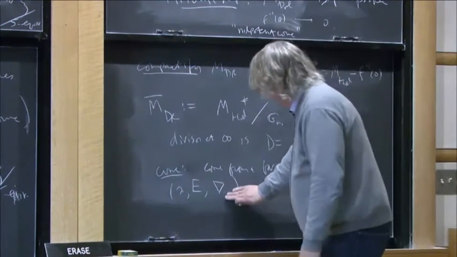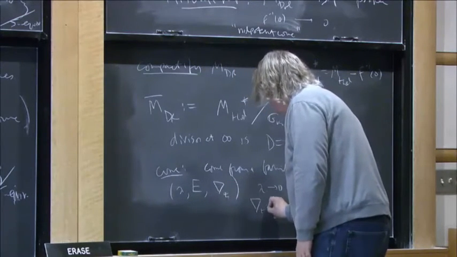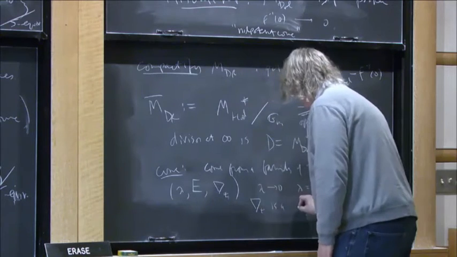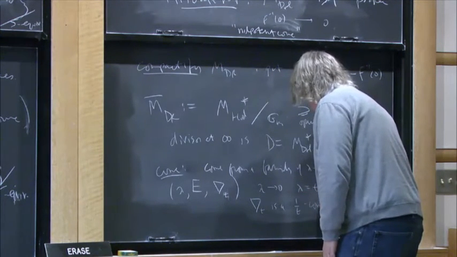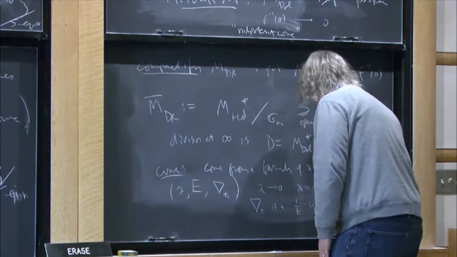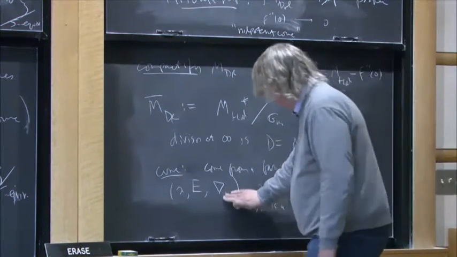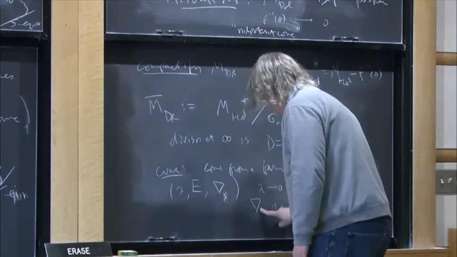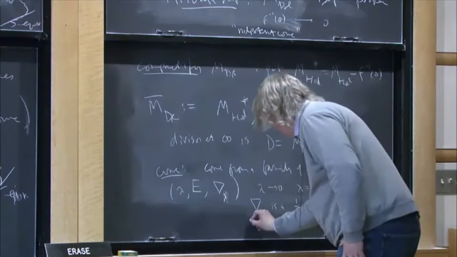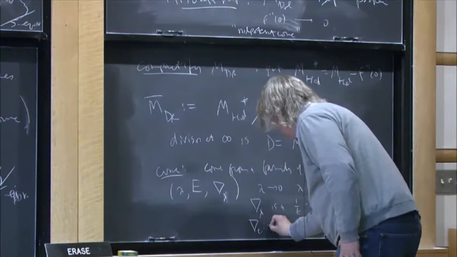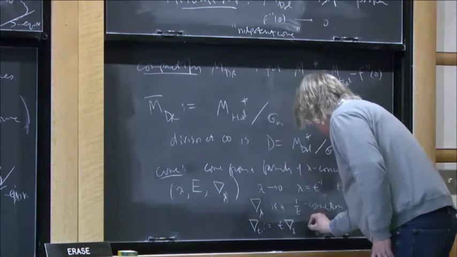And let me just index this by t. So nabla t, oh no, sorry. Let's call this lambda. But well, let's call nabla t is t times nabla lambda. So this is a connection.